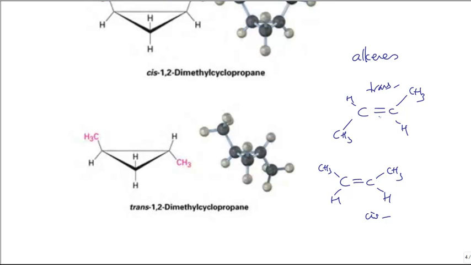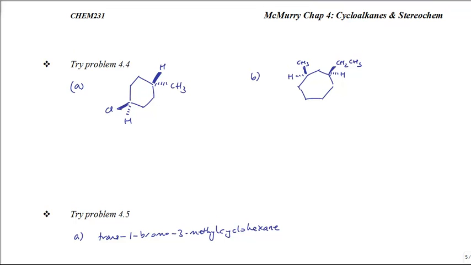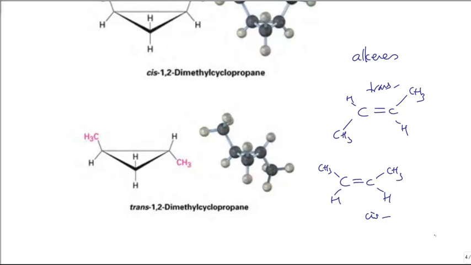So the ring forces this bond to be locked, whereas in an alkene, the pi bond here causes that bond to be locked. Okay? In a ring, the rotation is locked because of the ring, and that's why you get cis and trans. Okay? So that idea is fairly simple. Okay? And then this is important, but unfortunately, let's carry on with this.